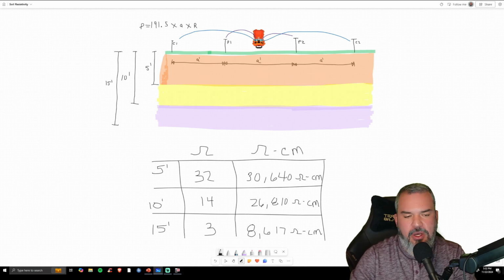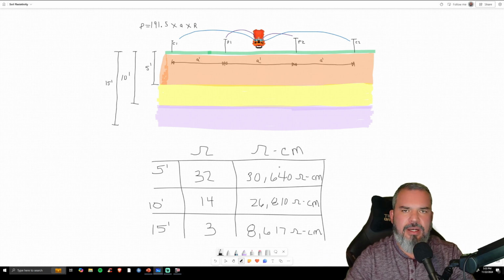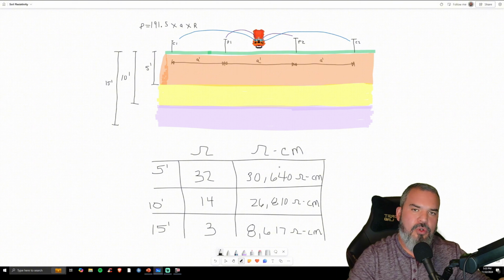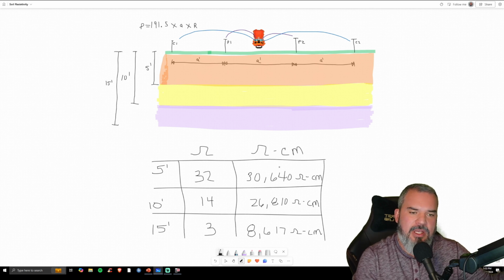So there you go. What we've done is we've introduced you to soil resistance measurements. We've taught you how to calculate resistivity. You do have to understand whether you're going to utilize feet or centimeters because that formula changes. Now it gives you the same answer. The end result is going to be ohm centimeters, but it can really impact it if you get that wrong.